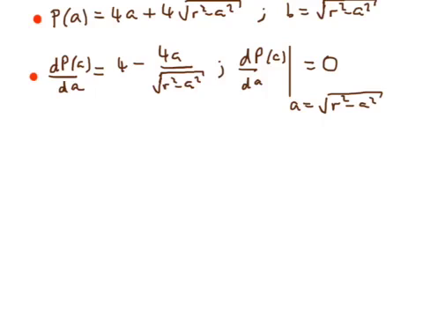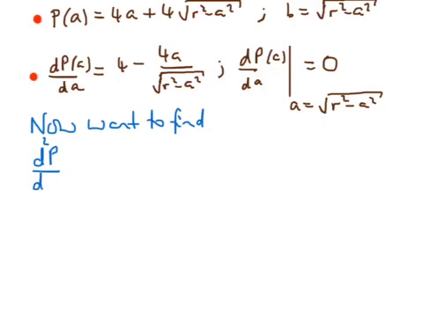And what we now want to calculate is the second derivative. So we now want to find the second derivative with respect to a of the perimeter. And that, of course, is nothing but the derivative of the first derivative of the perimeter.